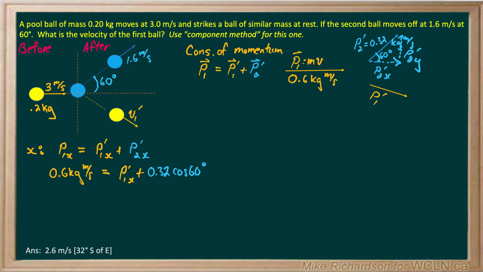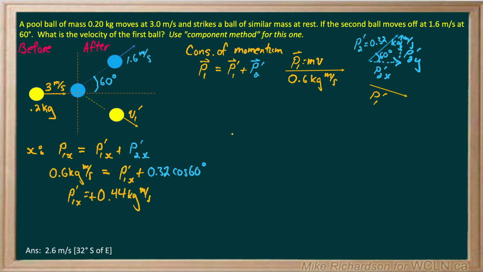Now when I work all this out, I end up getting my X component of my final momentum is 0.6 minus 0.32 cos 60. And that gives me 0.44, and I get a positive answer. 0.44 kilogram meters per second. So there's my X component, and it's positive or to the right, because that's what the equation spits out.